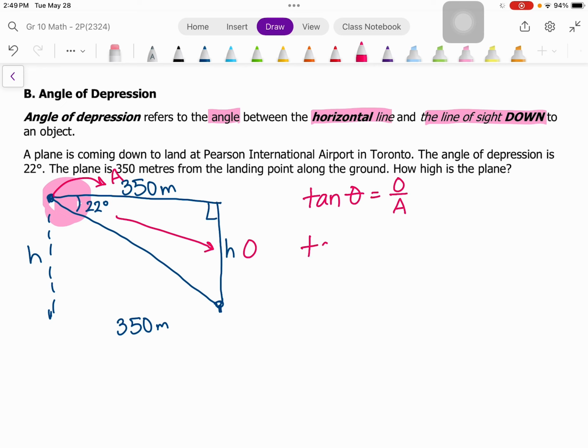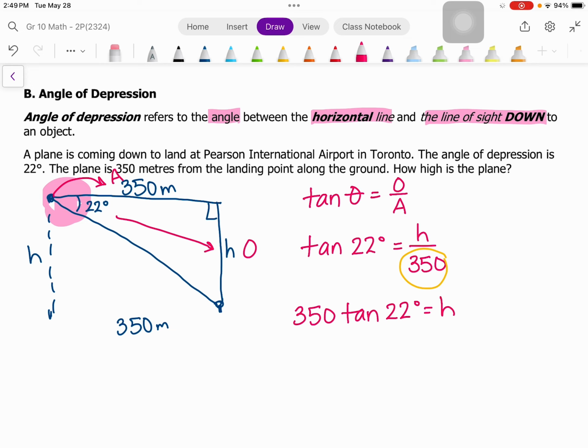Our angle is 22 degrees that we're using, so tan 22 degrees is equal to h over 350. I need to move the 350. The opposite of dividing is to multiply by 350, so times the tan of 22 degrees.